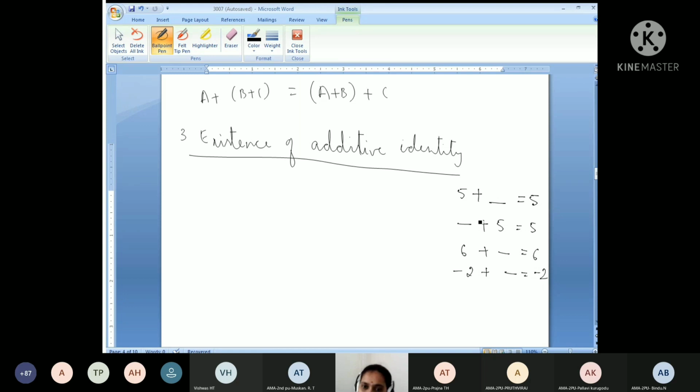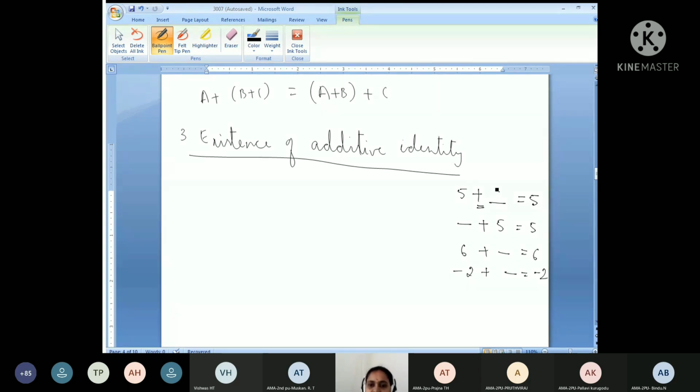If such a thing happens, that element is called the additive identity. Since the operation is addition, we call it additive identity. Definitely, a multiplicative identity will also exist.